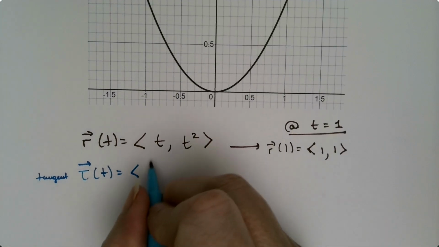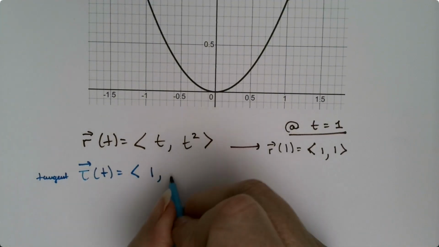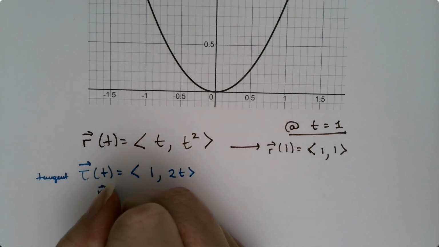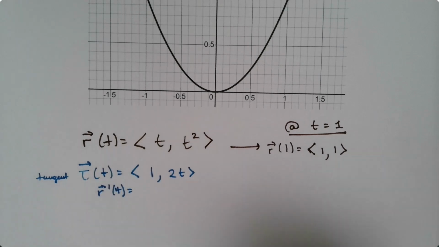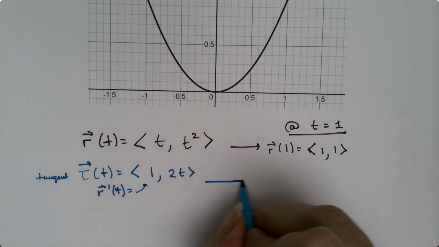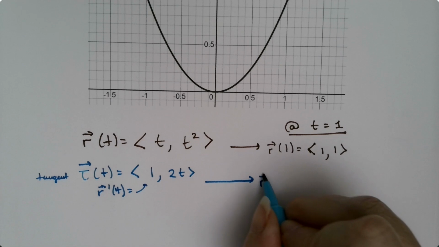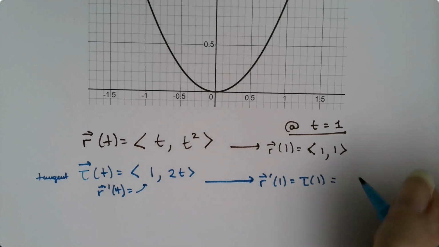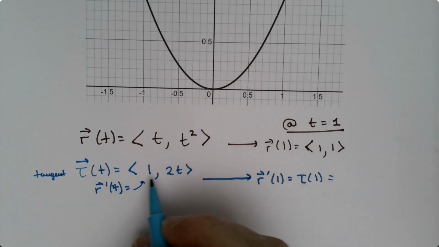Capital T is kind of specific. So this is 1, 2t. It's r prime. And so r prime at 1, or if you will, tau at 1, tau being my tangent, would be 1, 2.